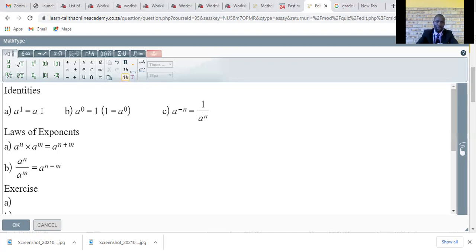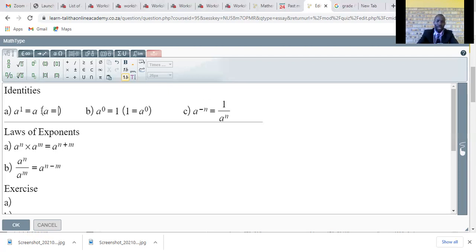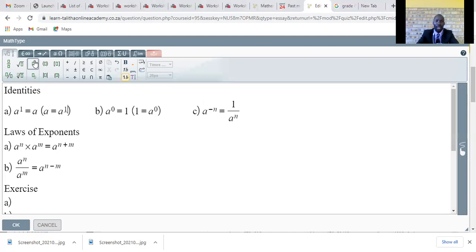Just like this, any number equals that same number with exponent of 1.